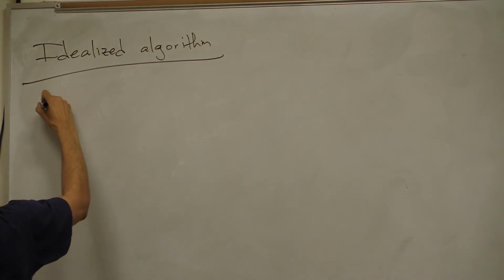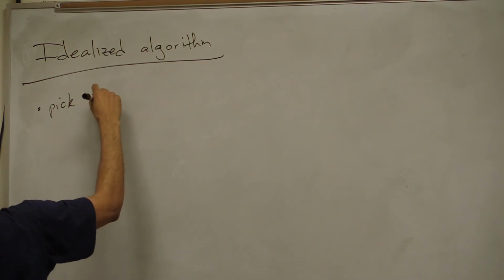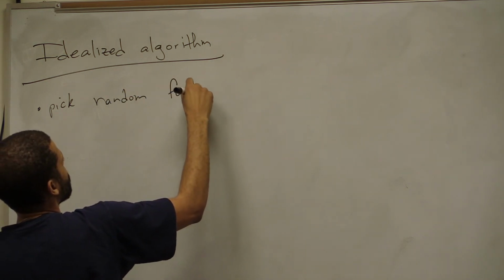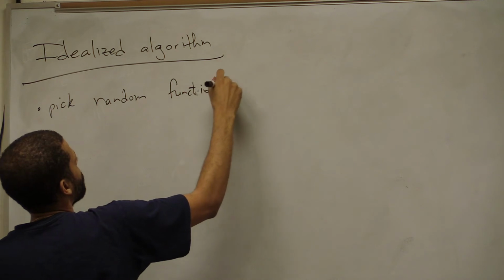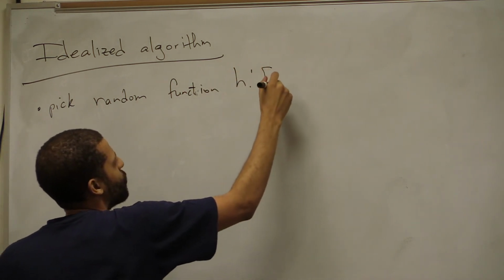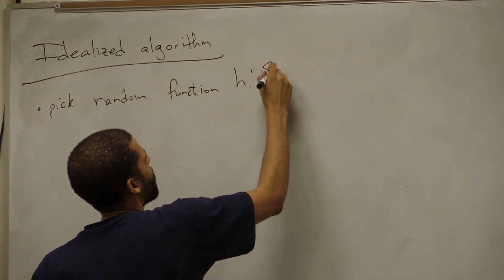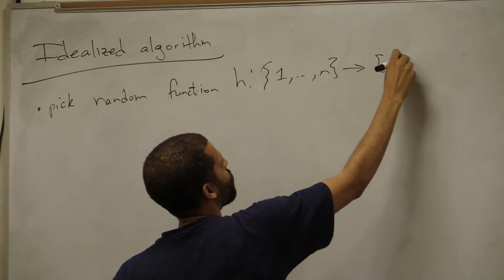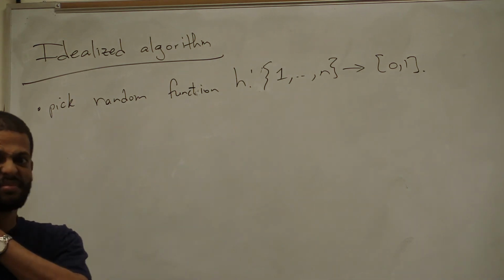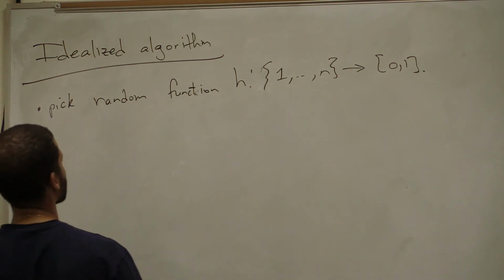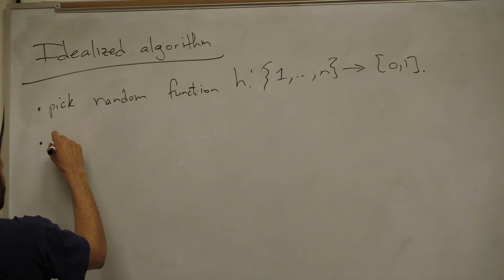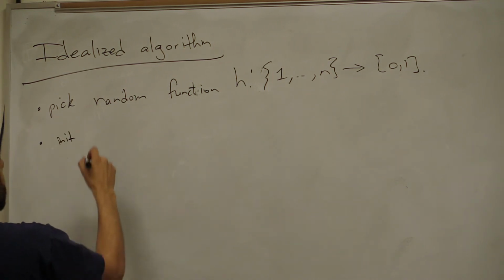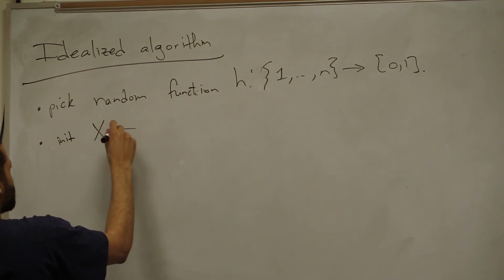What I'll do is pick a random function h, which maps my universe of all possible items into the continuous interval from 0 to 1. Then I'll initialize some counter x to be 1.